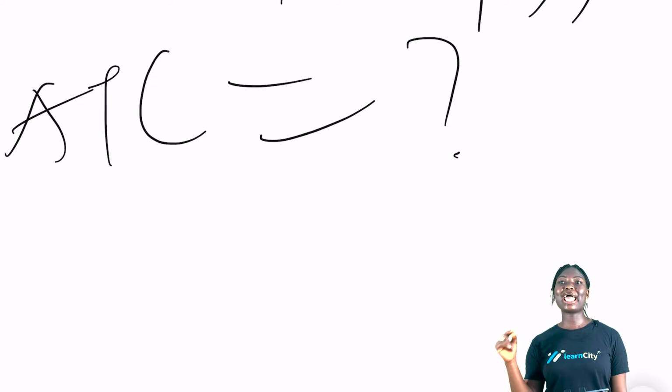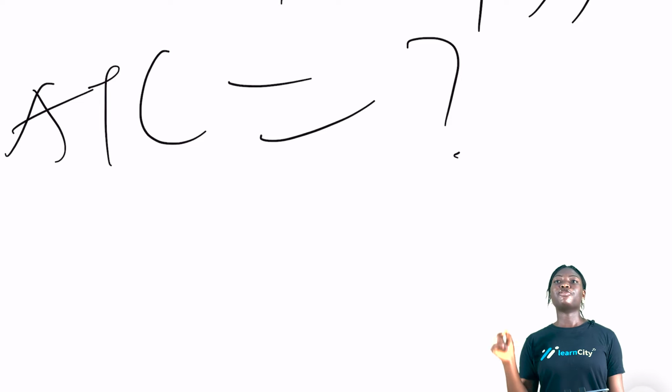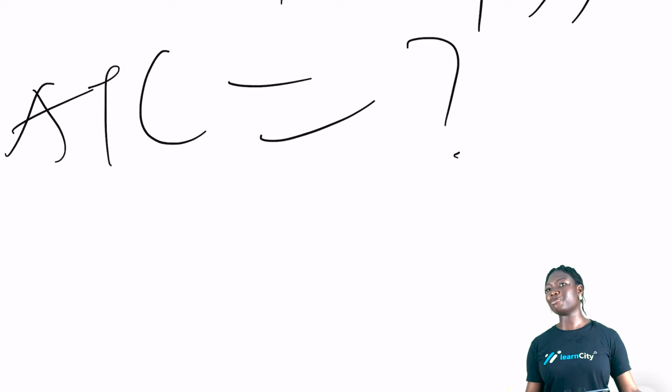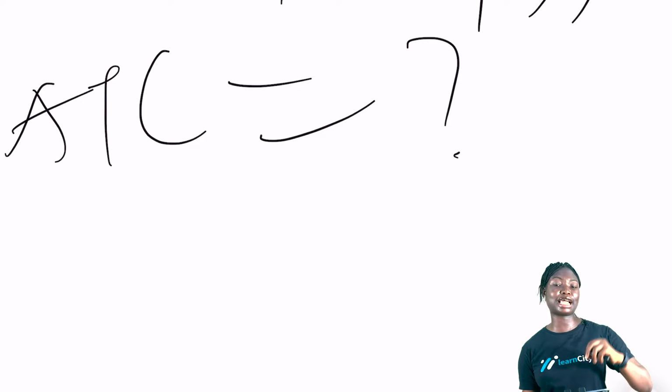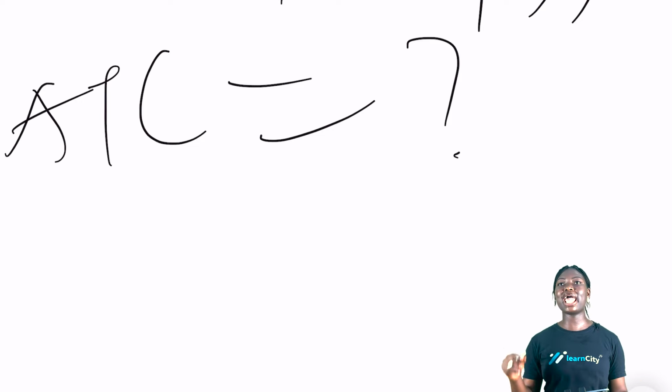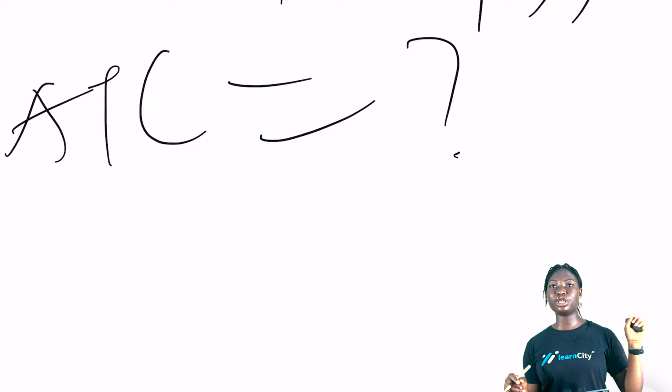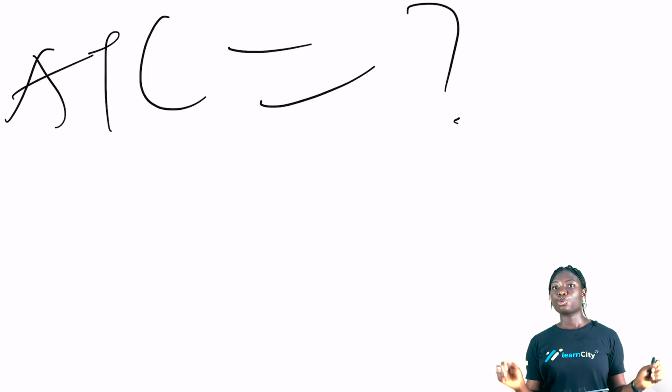So for our AOT, we have 67 degrees. Now, for our ATC, from that point BT, which extends to C, what will our ATC be? What is the first thing that we are going to do? We have our OAT to be 90 degrees.